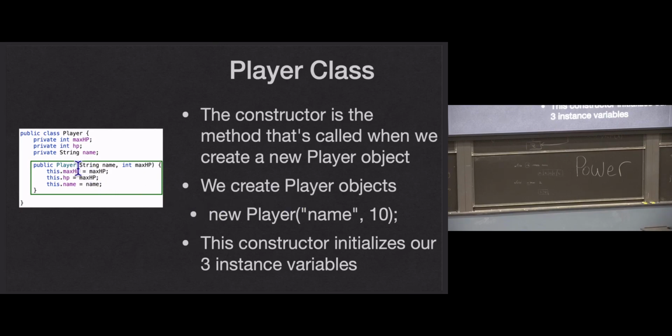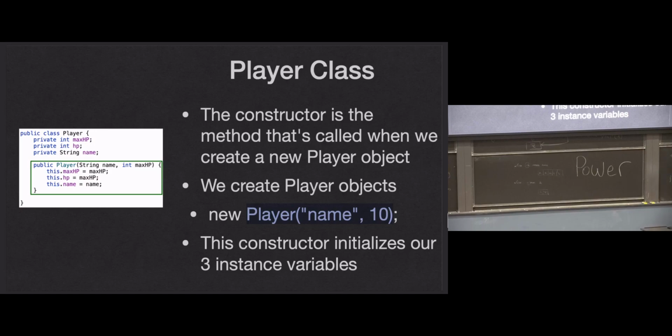So if we want to create a player object calling this constructor, we're going to say new Player, and then call the method just like you always would. Player, give it an argument matching the name parameter, give it an argument matching the max HP parameter. So new is going to say, hey Java, I'm about to call a constructor. You know what to do with this.